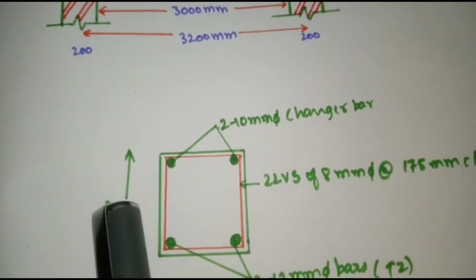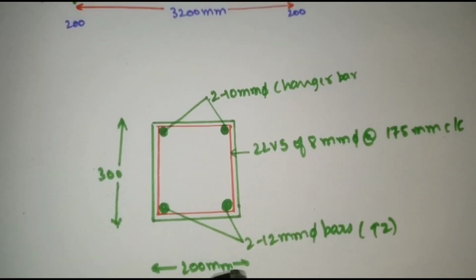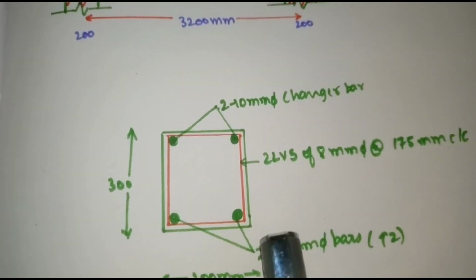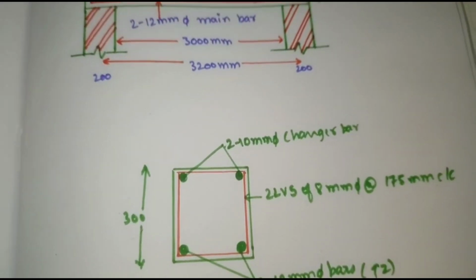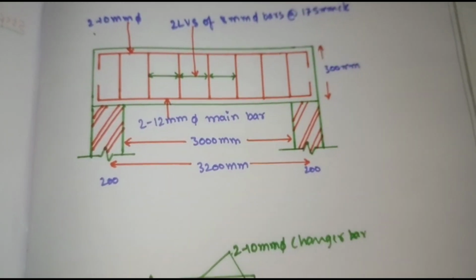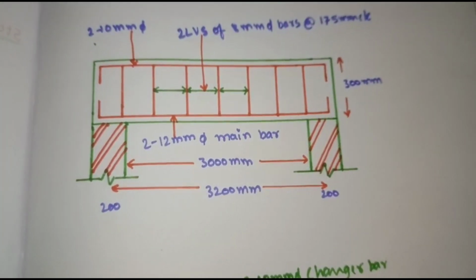This is the overall depth, that is 300 mm. The width of the beam is 200 mm. This is the cross section diagram of our beam. So this is the reinforcement details of this problem. I hope you guys understood.